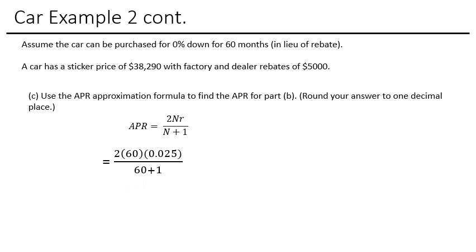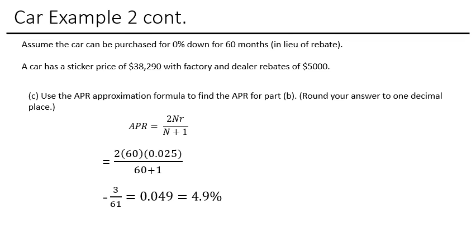And so whenever you plug all of that in, you end up with 3 over 61, and that would end up being simplified to 4.9%. Okay, so that's how you would answer those particular types of problems.